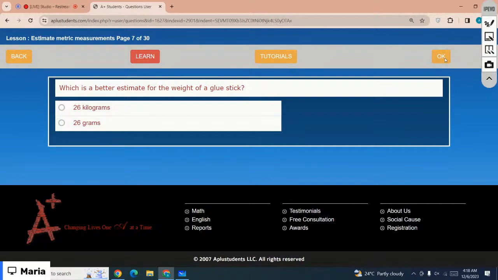Which is the better estimate for the weight of a glue stick? 26 kilograms or 26 grams? Which is the correct option?